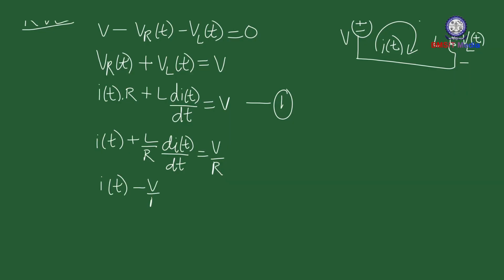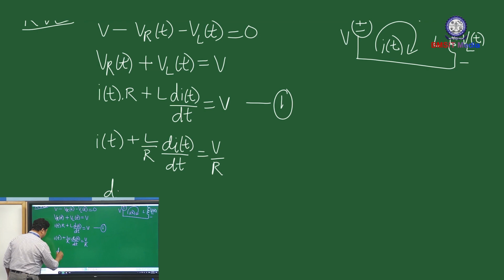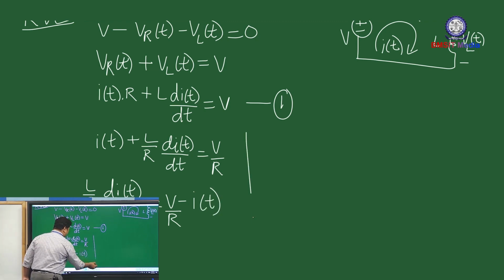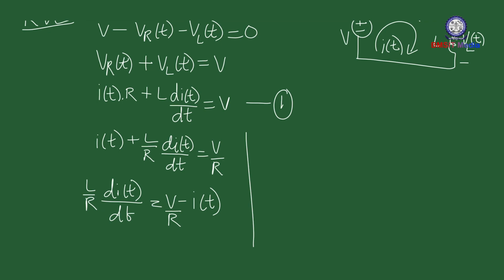I of t minus V by R. Write this as L by R di of t by dt equals V by R minus I of t. Okay.